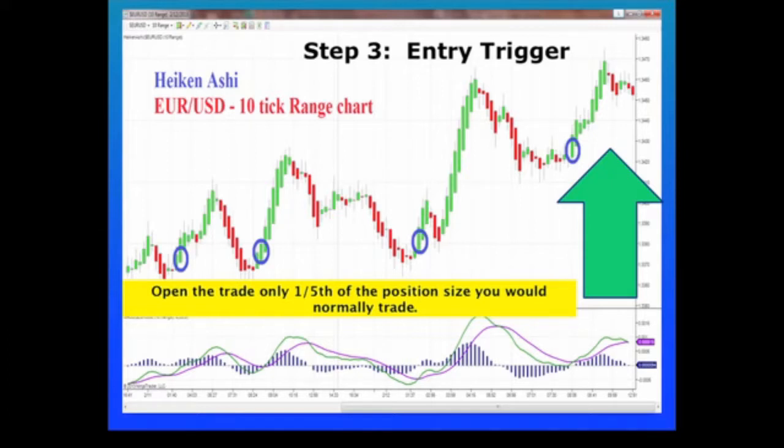I'll explain to you why in just a little bit, why that is important. Because that's part of trade management and also trade recovery. If you're trading a $100,000 account and trading euro-dollar, and normally you would want to get in with 1 full lot or 10 mini lots, do it with 2.